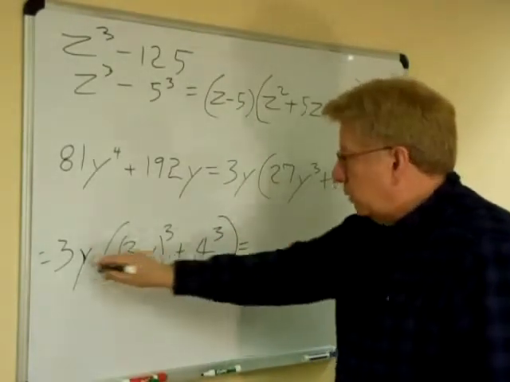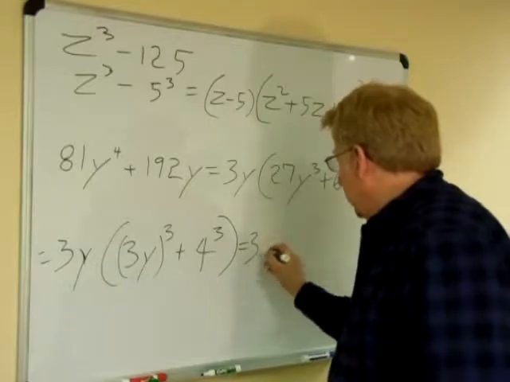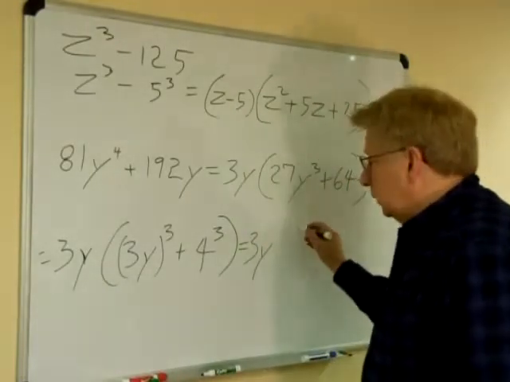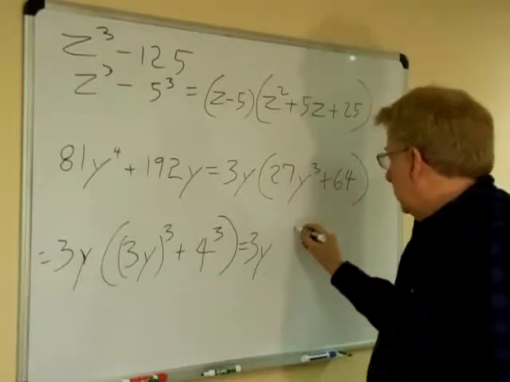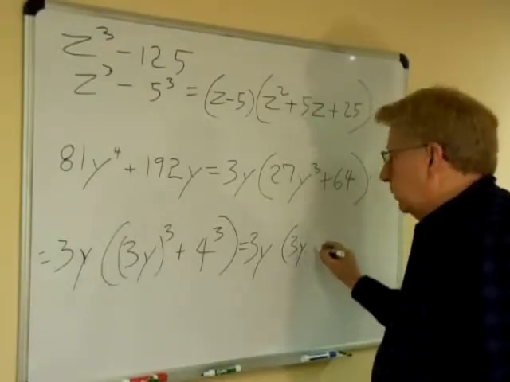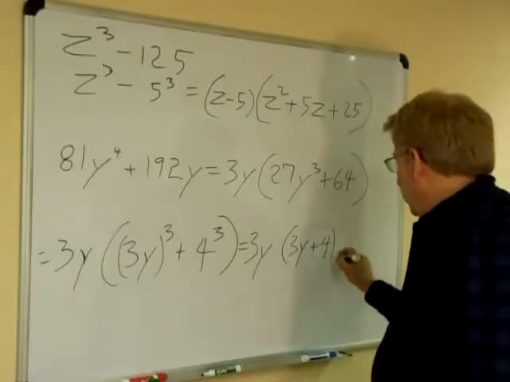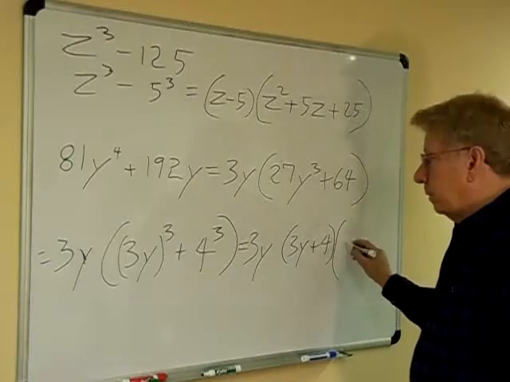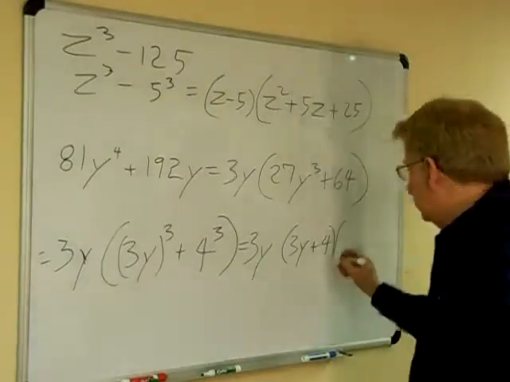And we'll just carry the 3y over. We're not doing anything to that. And then our pattern, we have an a plus b, which is 3y plus 4, and then that's times a squared, 3y squared.